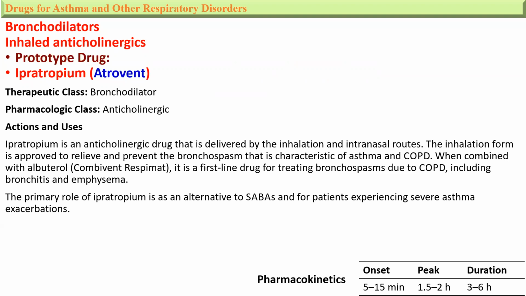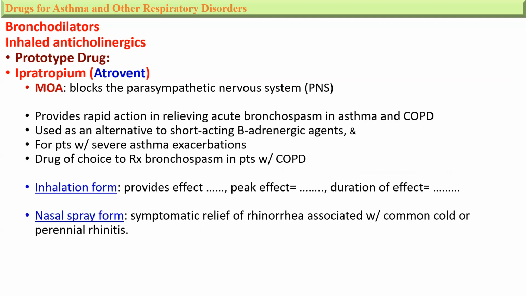The primary role of Atrovent, or ipratropium, is as an alternative to the short-acting beta agonist, and for patients experiencing severe asthma exacerbations, it is sometimes combined with beta agonists or corticosteroids to provide additive bronchodilation. The drug blocks the parasympathetic nervous system.